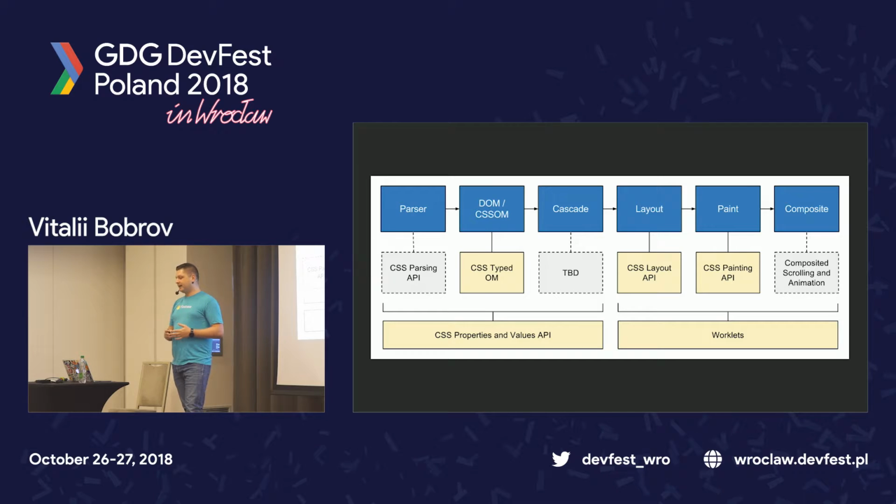We have the layout API that allows you to create in the future some custom layout properties for display. And we have the animation worklet. Three of these APIs, layout, paint, and animation worklet, are gathered together with the worklet API. So these are high-level APIs that are based on a more low-level one called worklets.